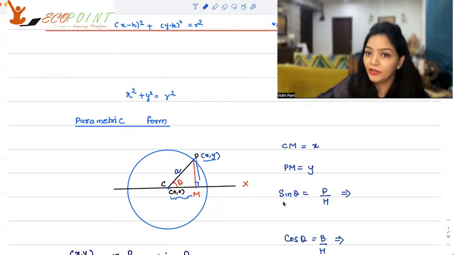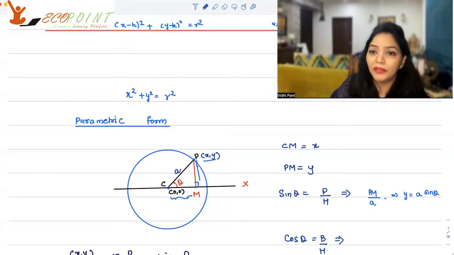Now, sine theta, if we have a right angle triangle, this much trigonometry we should know, is equal to perpendicular upon hypotenuse. Perpendicular length is PM upon hypotenuse, which is your radius A. So what can I say about PM or y? This implies y is equal to A times sine theta.